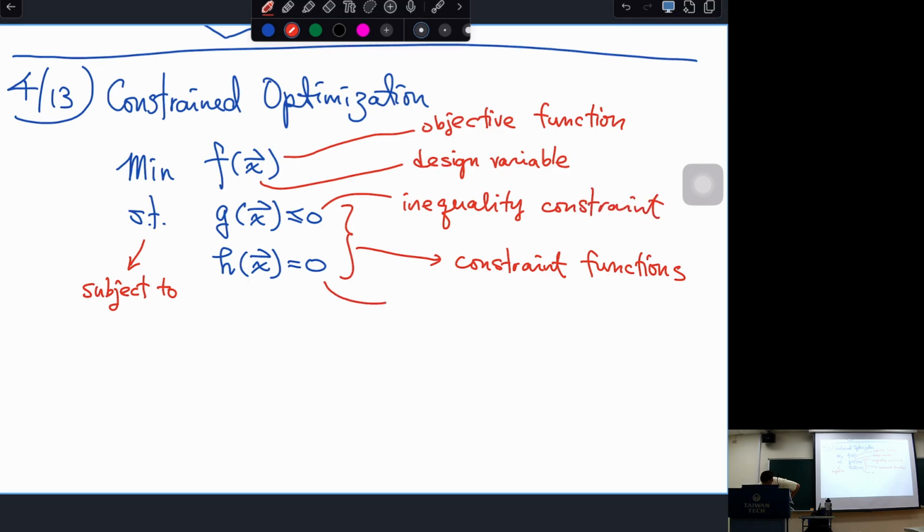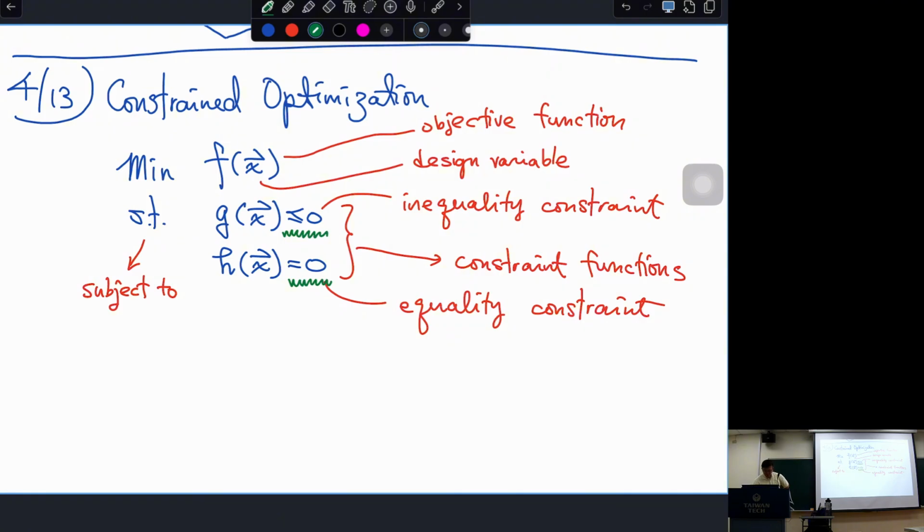And this one is called equality. Because here this is smaller than or equals to, so inequality, and this is equality, equals to, only equals to, so it's called equality constraint. Okay?